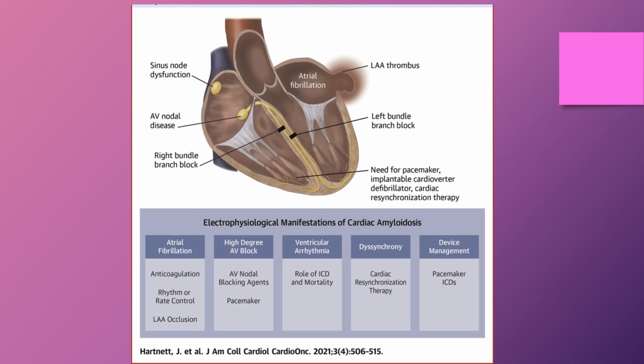So the need for a pacemaker, implantable cardioverter defibrillator, cardiac resynchronization therapy, that's very common in people with amyloidosis. Another complication is developing a left atrial thrombus. Left or right bundle branch blocks are also common, as is sinus node dysfunction and AV nodal disease.